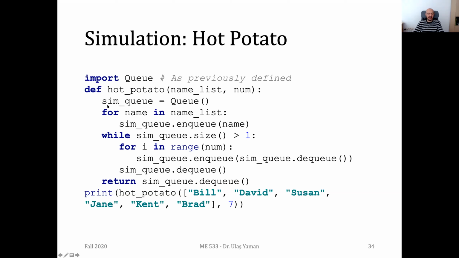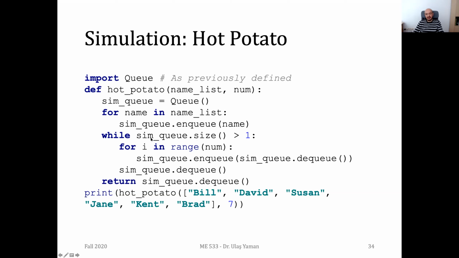So it's not a complicated task. You can assume that this part is an initialization part. And then here comes the main simulation part. Here we are using a while loop, and it starts with checking the size of the simulation queue.